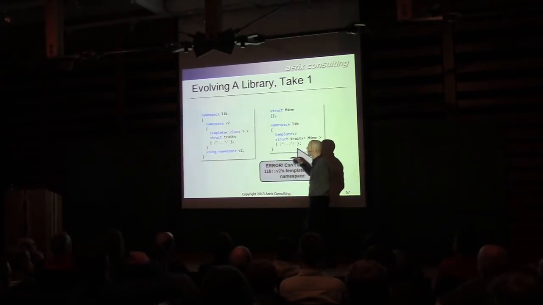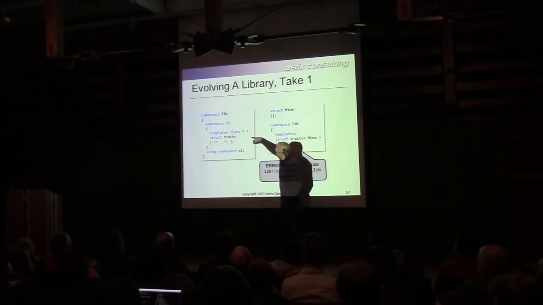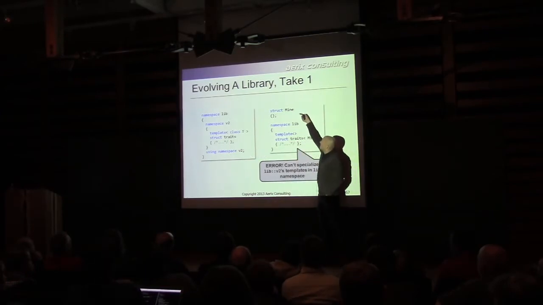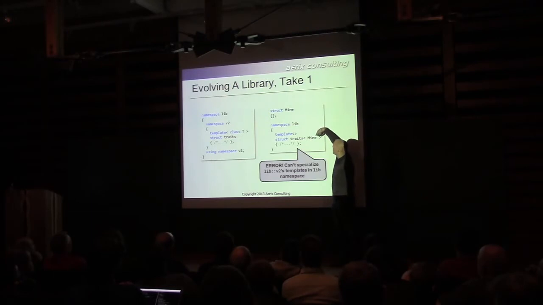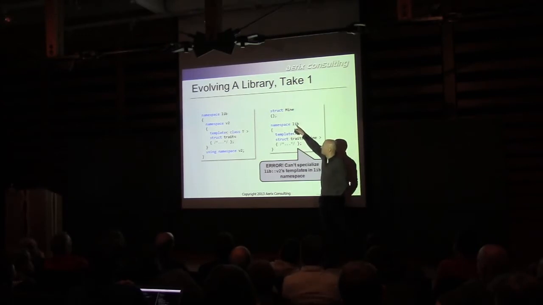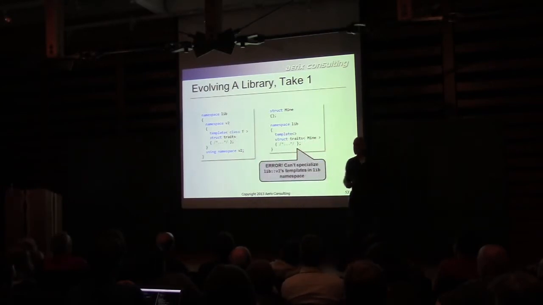And here's what I mean by that. Say we've got this situation: lib, namespace, traits, using, slurp it all into the outer, okay? And now we've got some struct that's mine. Now I want to specialize the traits template on my type. Well, this doesn't compile, because this template doesn't actually live in this namespace. It lives in that one, okay?